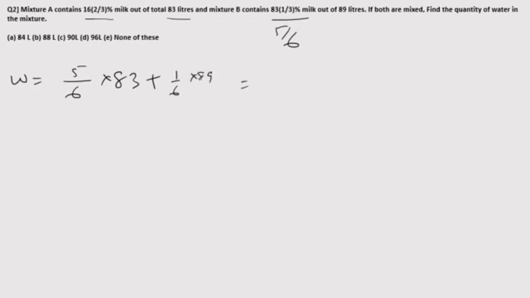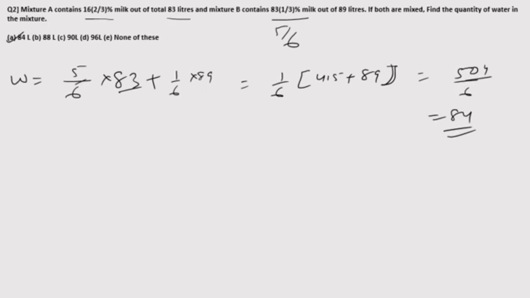Now if I take 1 by 6 common, I'll be left with 83 into 5, which is 415, plus 89. This is coming out to be 504 by 6, which is 84. That is the answer.